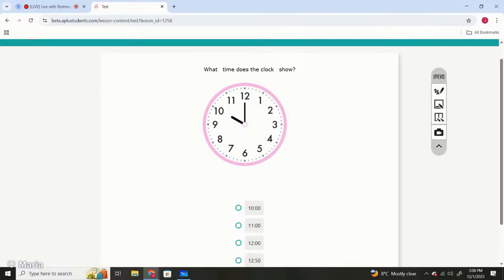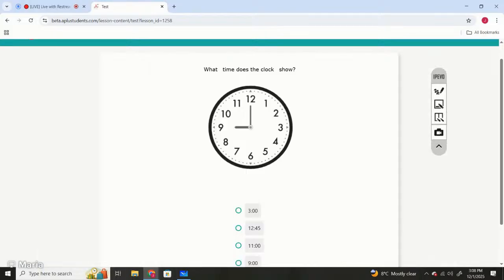What time does the clock show? That is, the shorter hand is pointing to 10, while the longer one is pointing to 12. So, that means 10 o'clock it is. Option number 1 is the correct option.